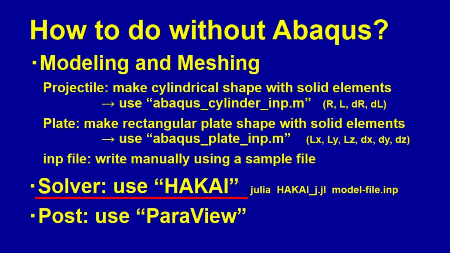HAKAI is an open source program and we can download it from GitHub. Finally, for post-processing, I use ParaView because HAKAI outputs the results in VTK format and it can be shown in ParaView easily.